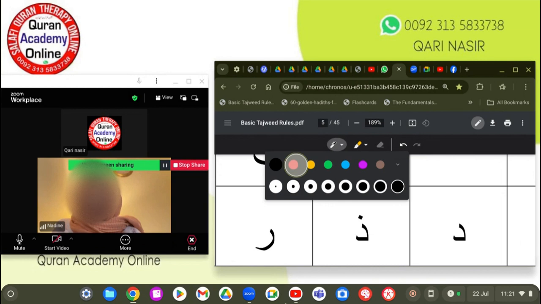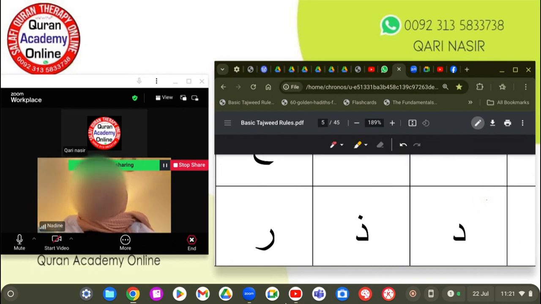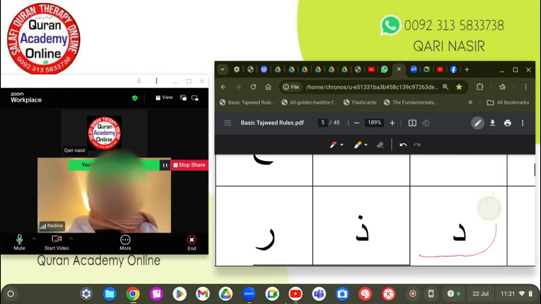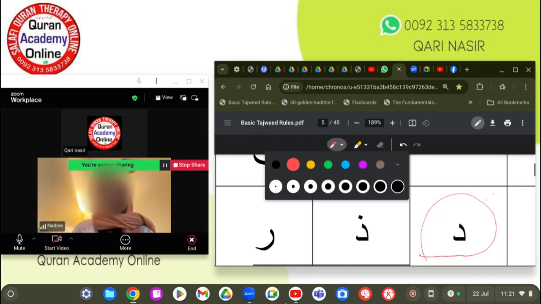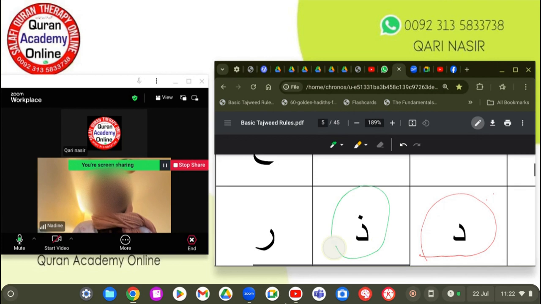Ra. I mean zal. This one, za. What is this in the red circle? Zal. In the green circle, what is it?